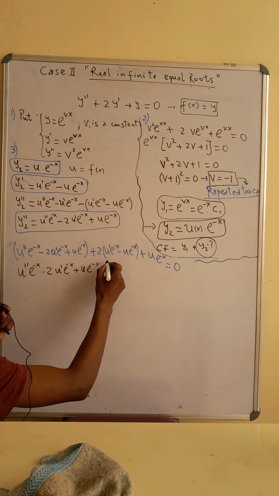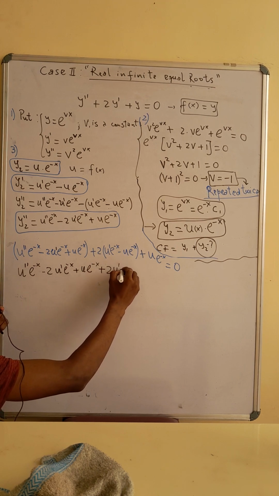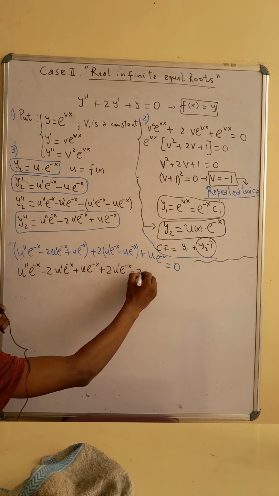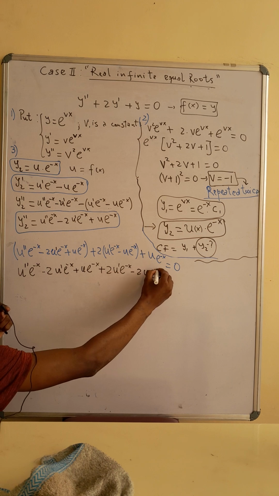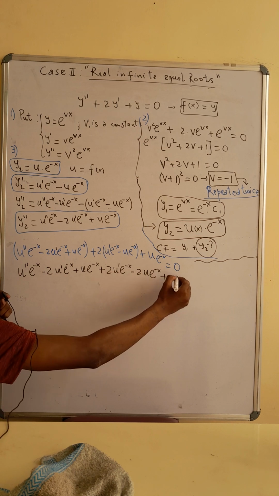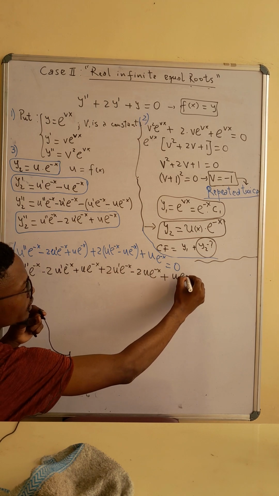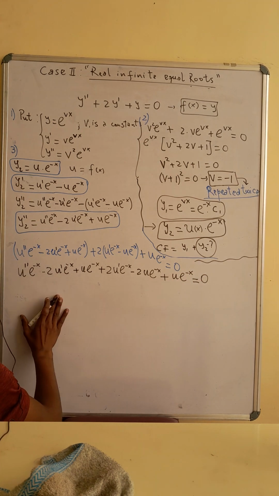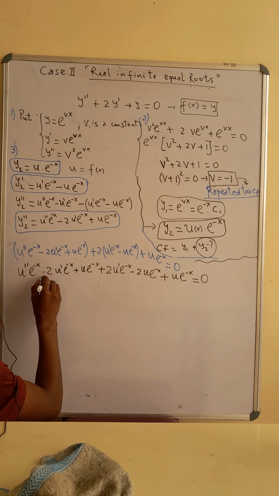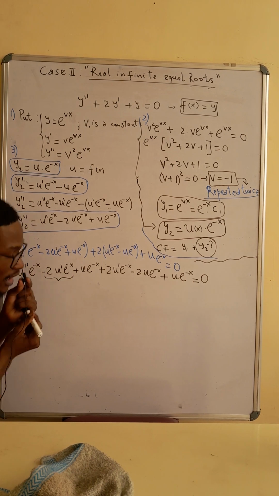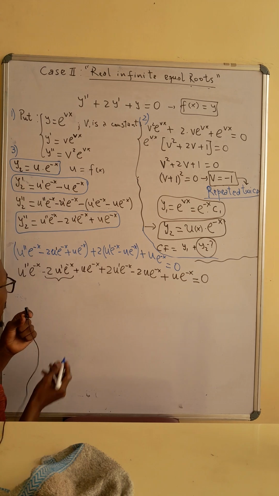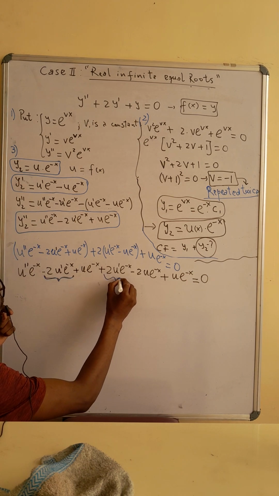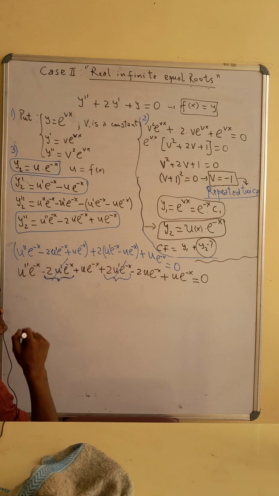Plus, now I just do this one. This will be 2u dash Euler minus x, and this minus 2u Euler minus x, plus u Euler raised to minus x. Now see this expression right here. Just by checking, you see that this expression right here is equal to this one. They will be cancelled out.